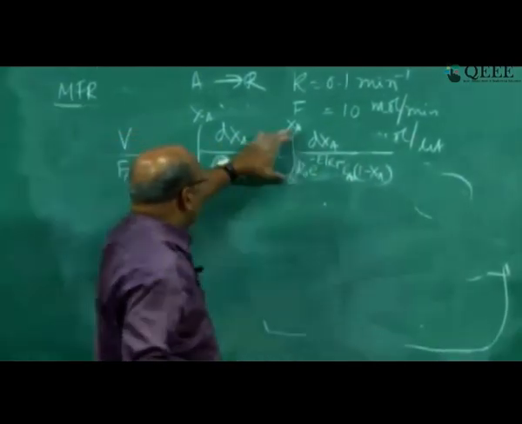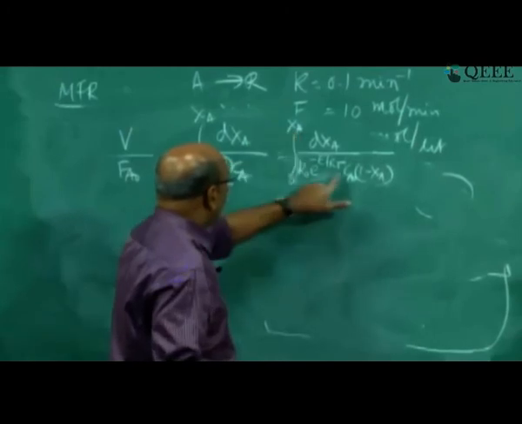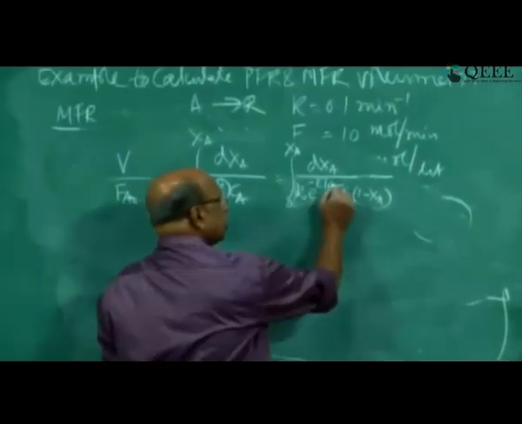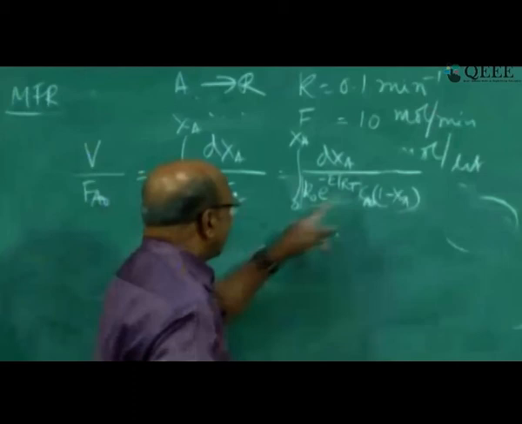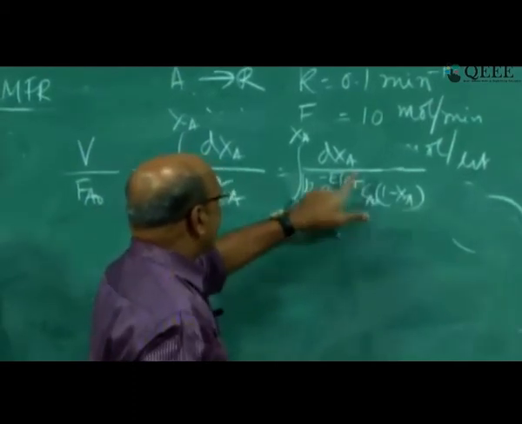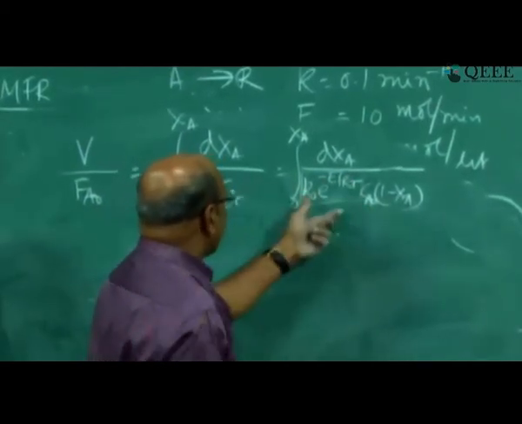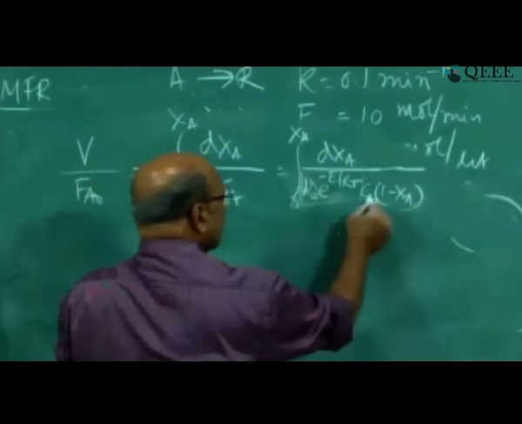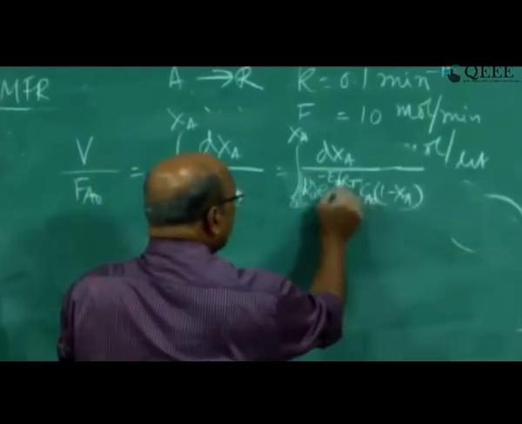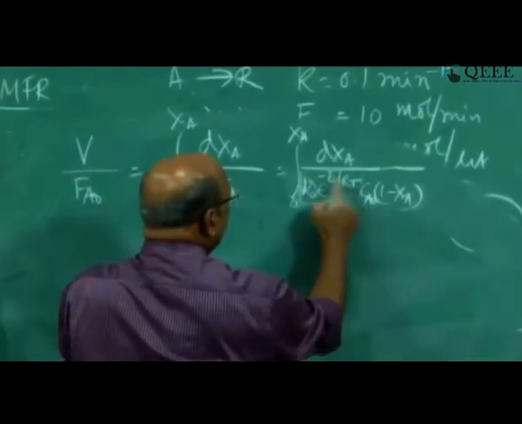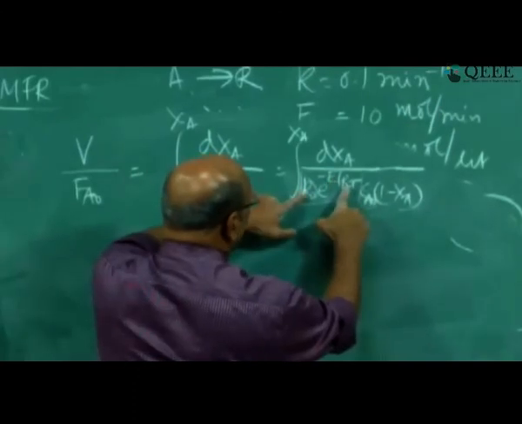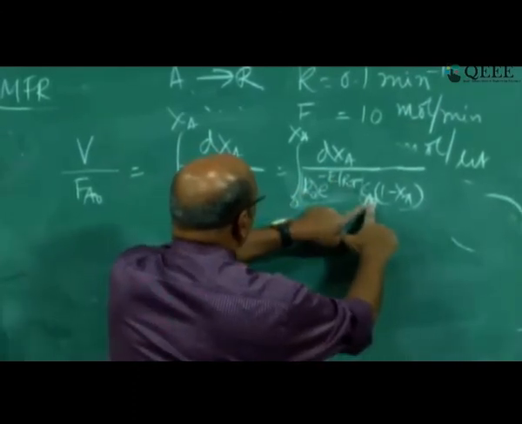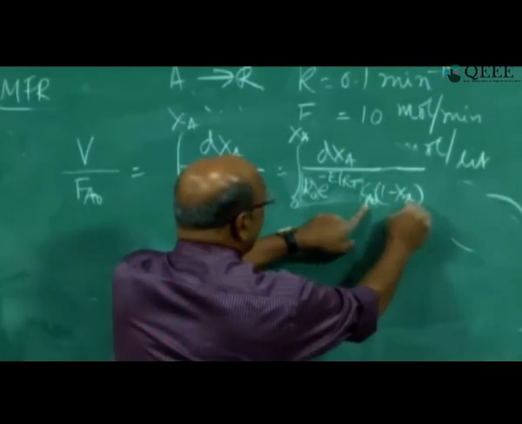All this you know except this extra information. But now you see, under this integral we have a temperature T, which is also a variable. Temperature is changing and conversion is changing. Both are changing in this. k naught is constant, C A naught is constant, E by R is constant, right? So what you have is only temperature and conversion.